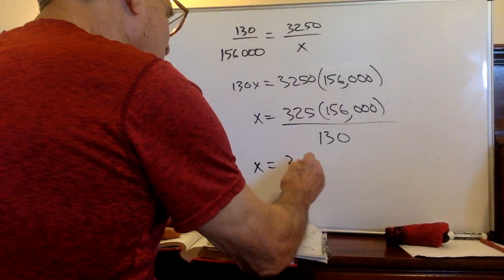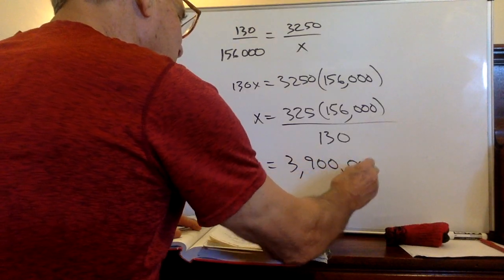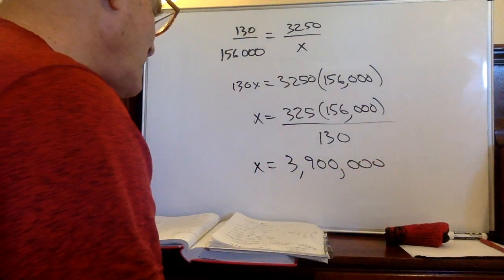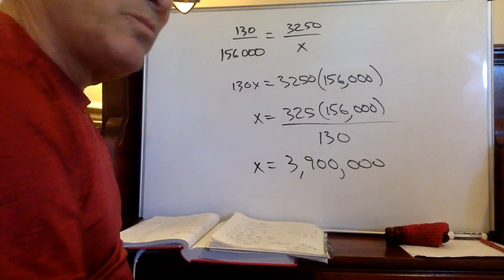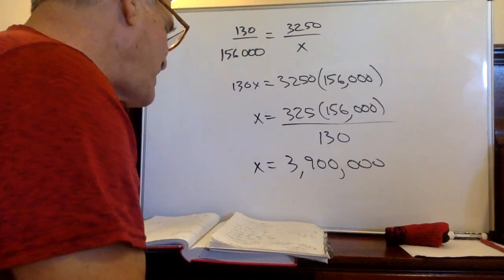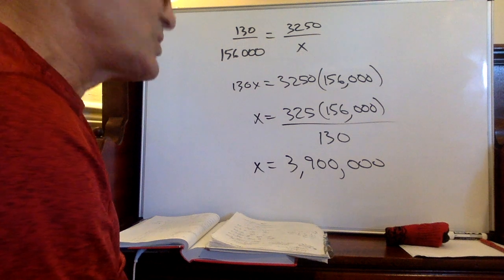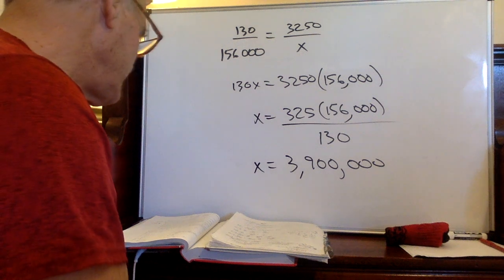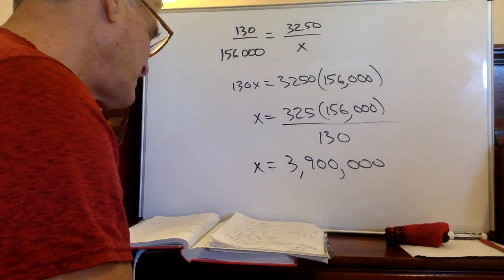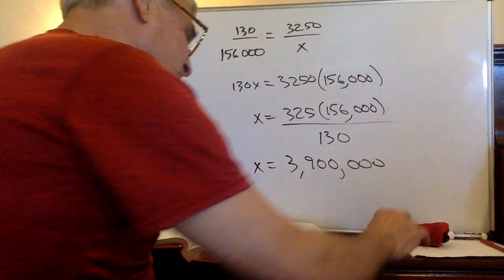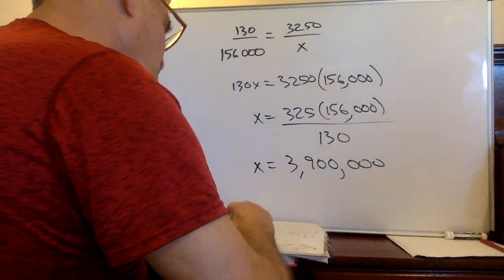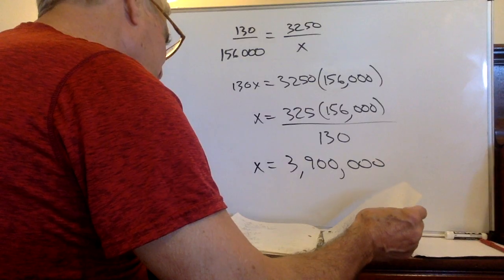You get 3,900,000. There are 3,900,000 places for those 3,250 squirrels to hide. Okay. That was problem number 5.